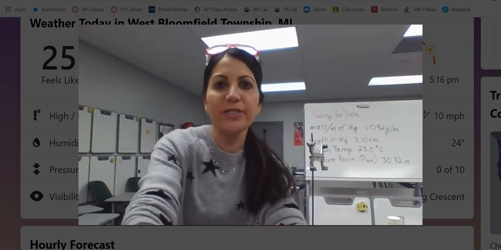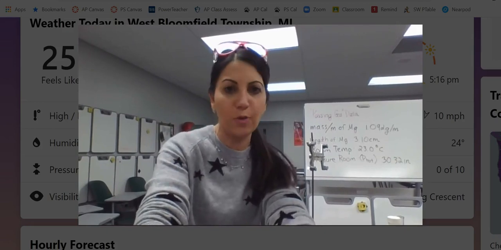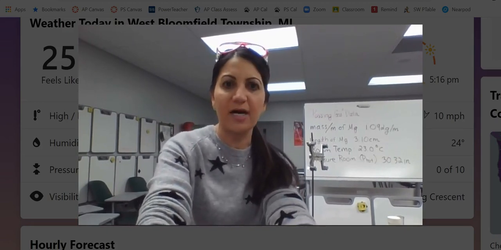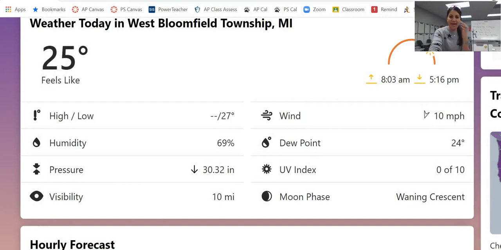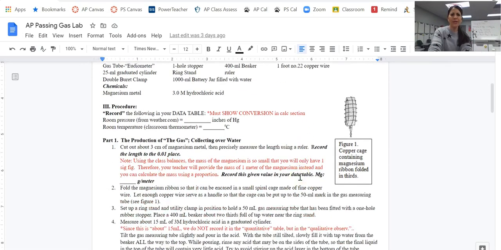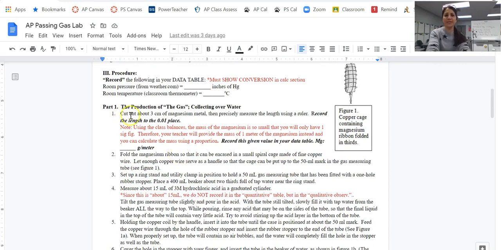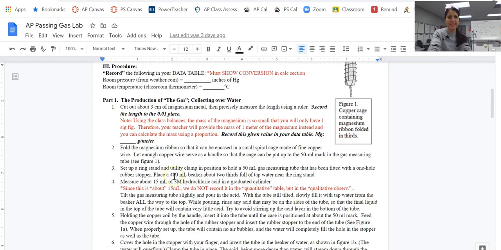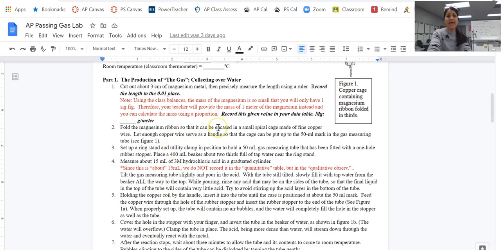I'm going to go back to the lab real quick just to give you an idea of what we're going to be doing, and then I will show you the lab. Let's click on the dock here. We can see that we have to cut out the magnesium metal, which we already did, and we're going to fold the ribbon and create a little bit of a handle with a copper wire.